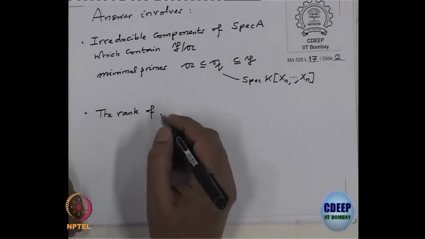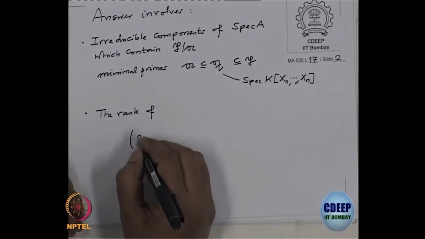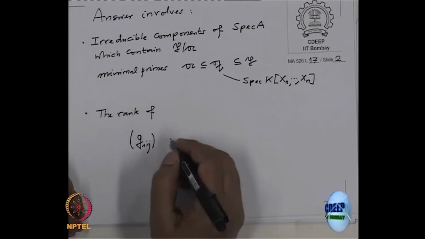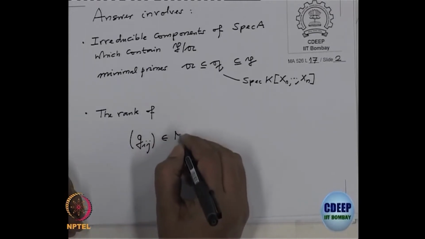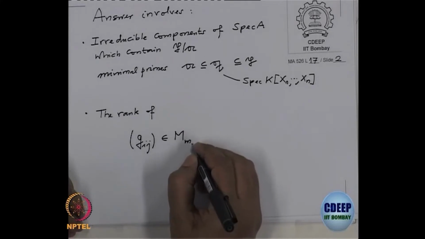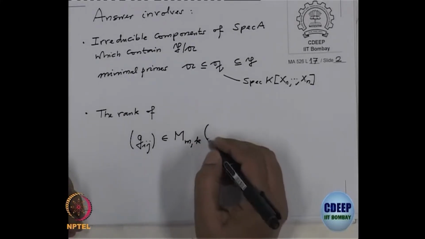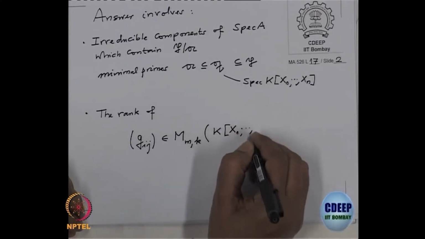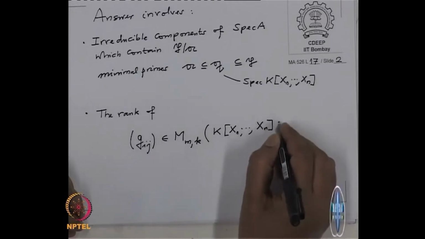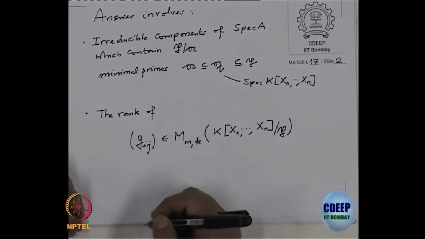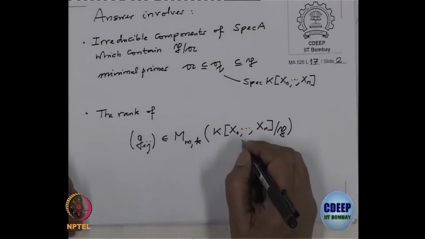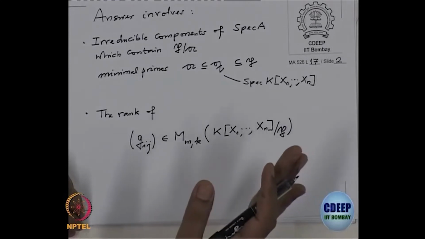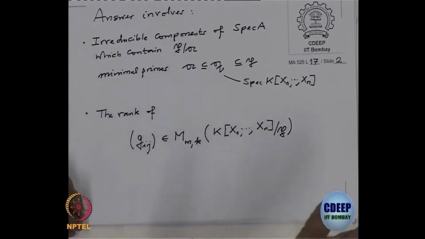So I will just write the rank of a matrix like this, with polynomial entries Gij, a matrix of some order, I will just write here m by k. The entries are in the polynomial ring modulo a prime ideal, and because this is an integral domain, you could also think of these matrices as matrices with entries in the quotient field.